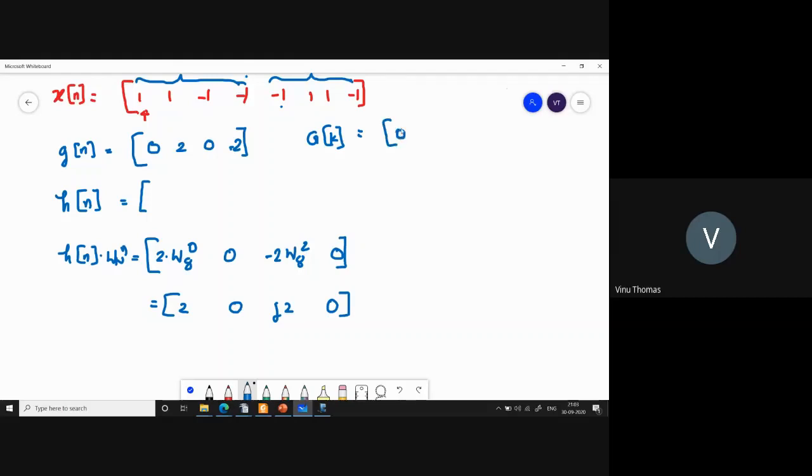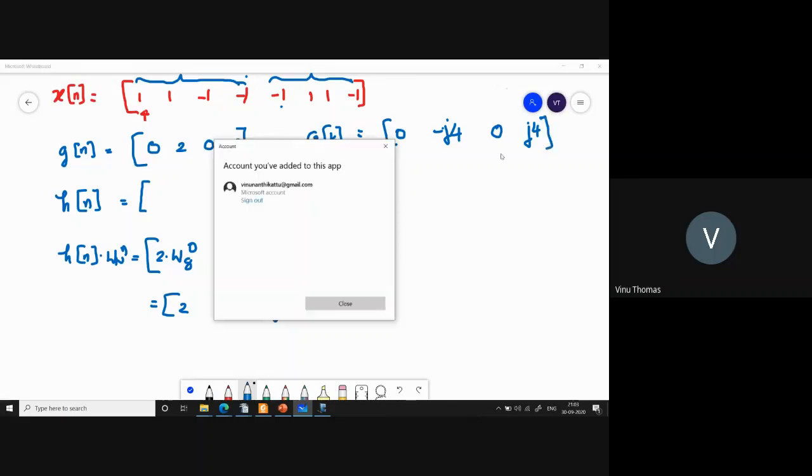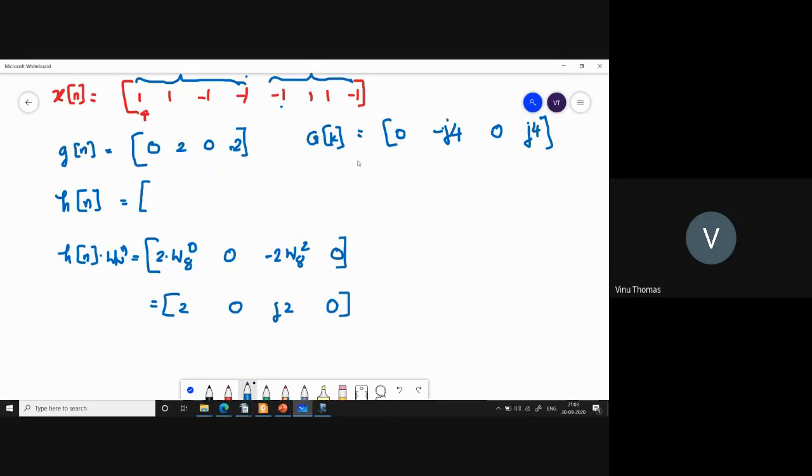You should be getting G of k equal to 0, minus j into 4, 0, then plus j into 4. Once you have computed 0, minus j4, 0, you can write down the last value, which is the conjugate of this, because your sequence is a real sequence.